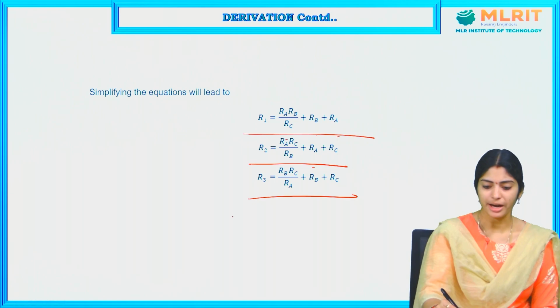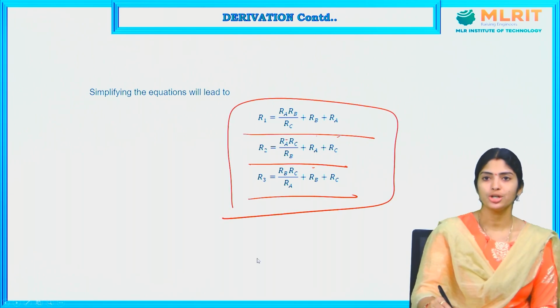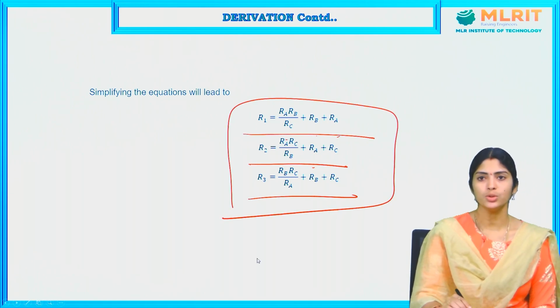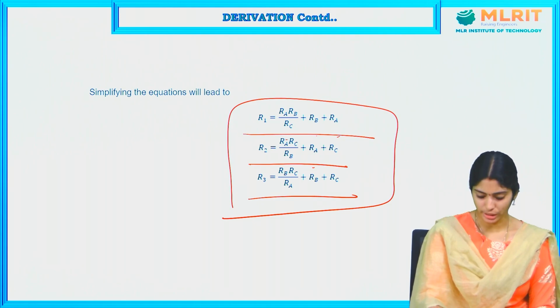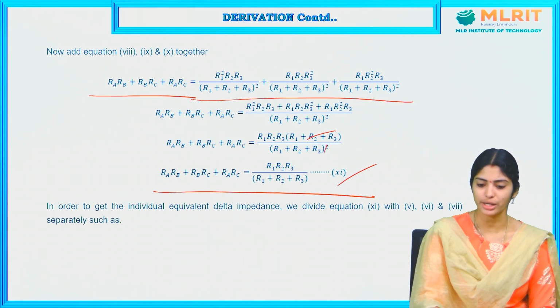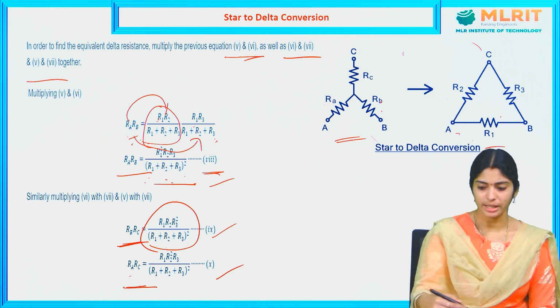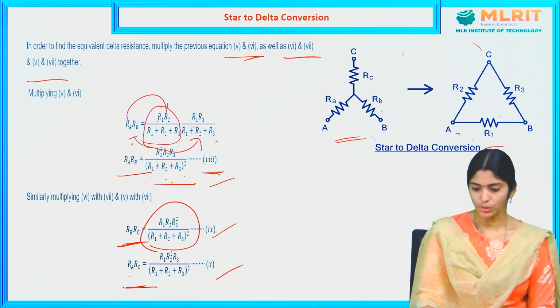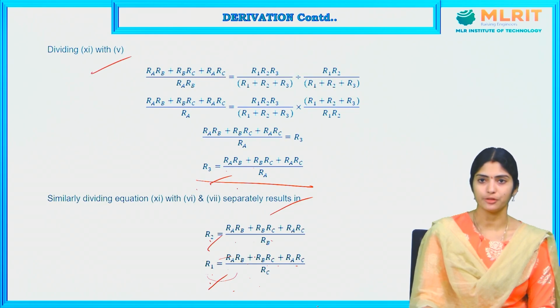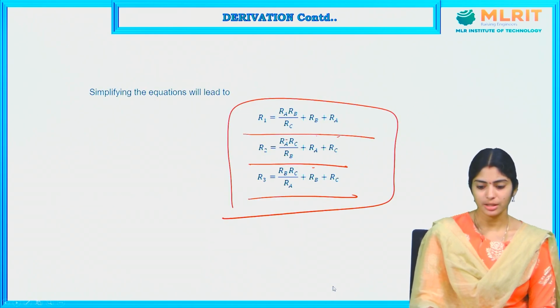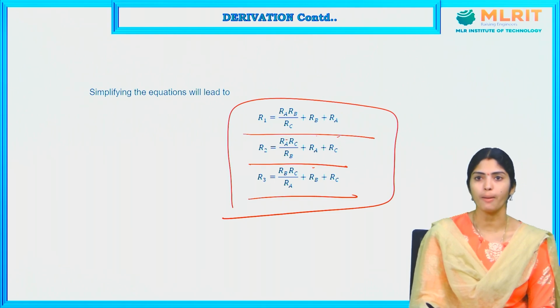So these are the final equations from which we derive the star to delta conversion. From all these equations we can convert from delta to star and star to delta, so it is very much useful in solving complex circuits.